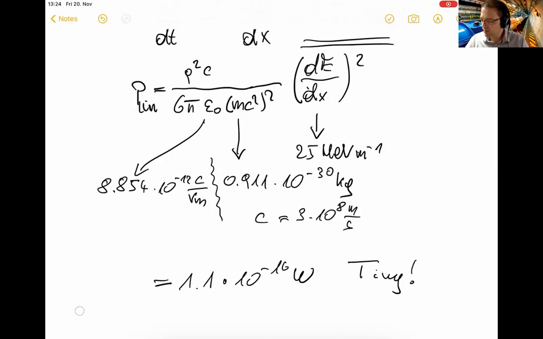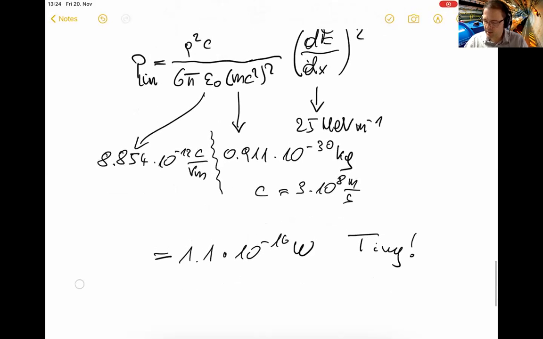You can also compute the energy efficiency, which is called eta. It's on the slides, I don't go into detail. It's the energy efficiency of synchrotron radiation by a linear acceleration.